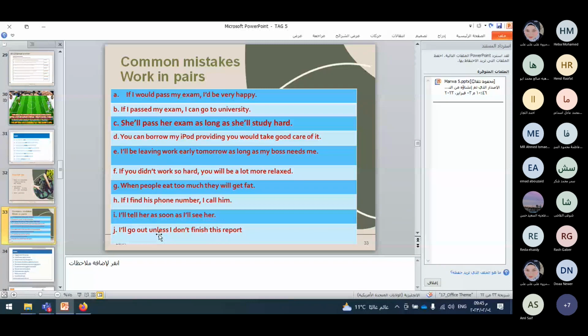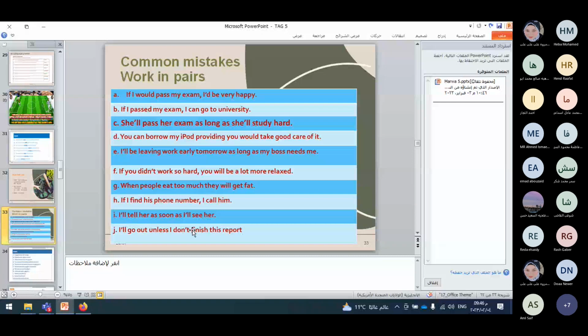So this sentence may be: I'll not go out unless I finish this report. I'll take this negative form, the "not", and put it before "unless", not after it, as the guy said in the video we have just been watching a while ago.